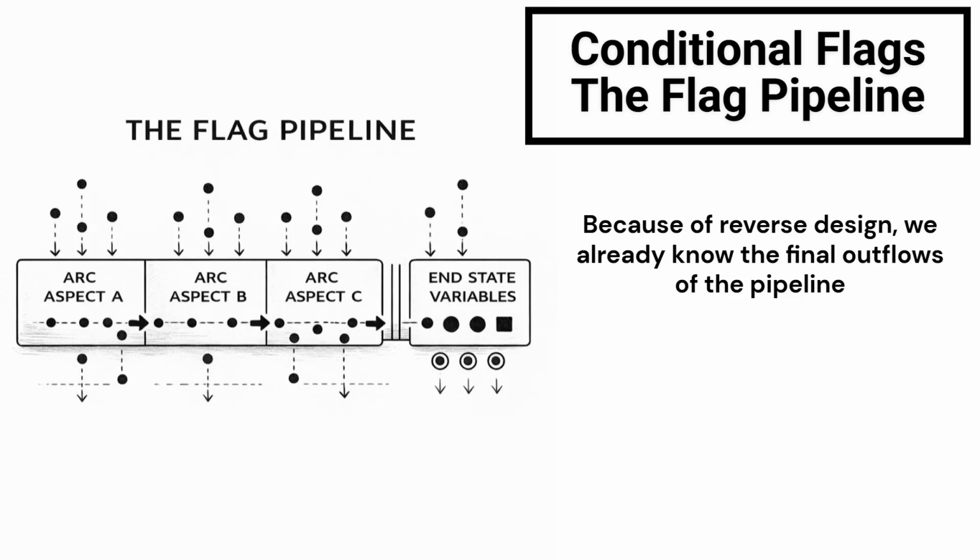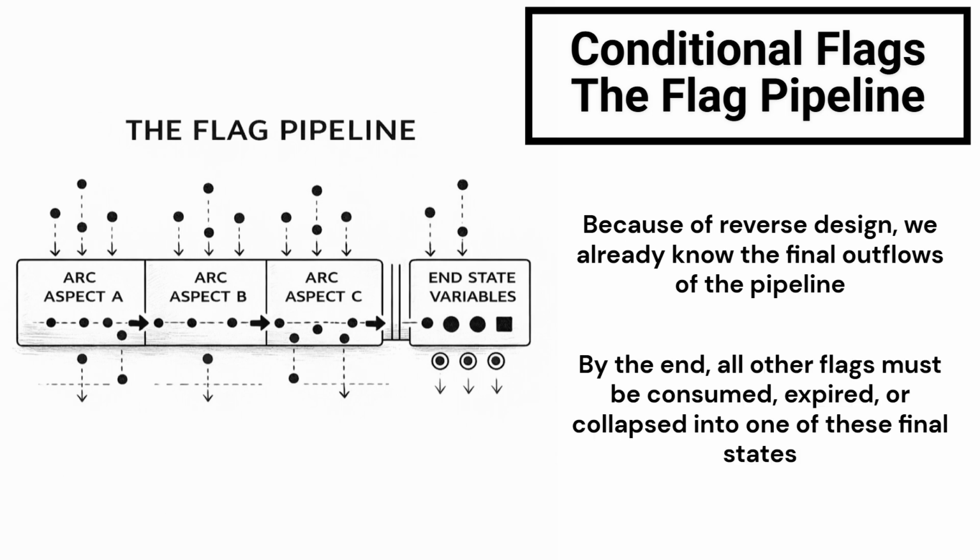The internal complexity of the arc is allowed to be high. Many flags can exist inside the pipeline, and they can influence encounter scenes and outcomes. But when the arc reaches its terminus, only a constrained, predefined set of flags is permitted to exist. And these are the end state variables defined during reverse design. All other flags must either have already been consumed or have already been collapsed into one of these final flags.